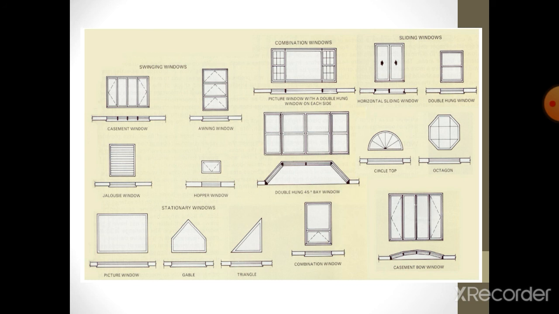So we have here the usual, the casement window, the jalousie. So pwede po kayo mag-modify. Just make sure that you include the materials that you're going to use, and of course the height requirement. Just make sure that it will not violate the National Building Code with regards to the specific height requirement for your windows.